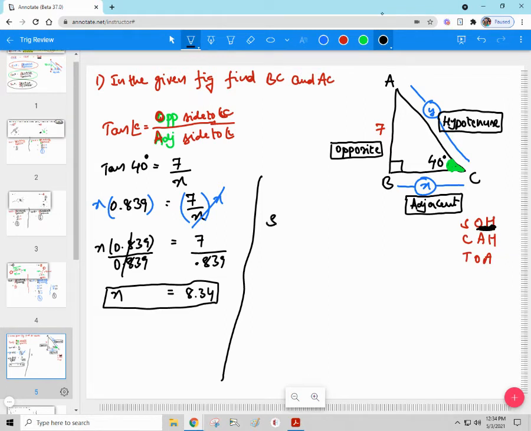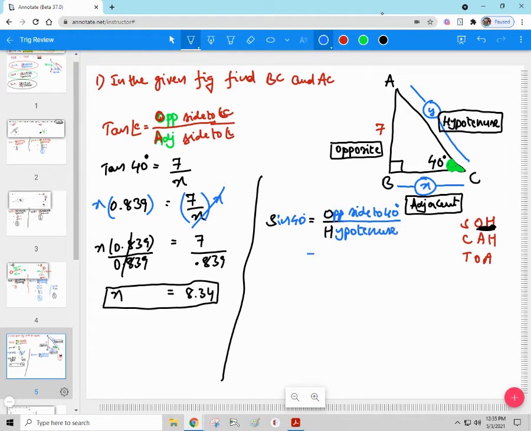Therefore, sine equals O over H. Now let's complete the formula. The angle is given as 40 degrees. So sine 40 equals, what is opposite? The opposite side to 40 degrees over the hypotenuse.